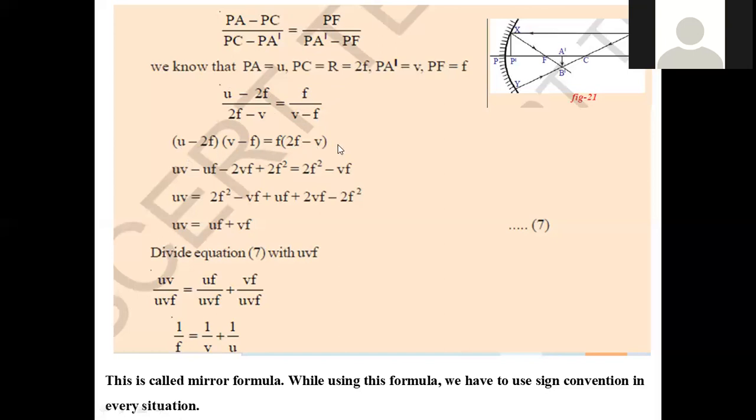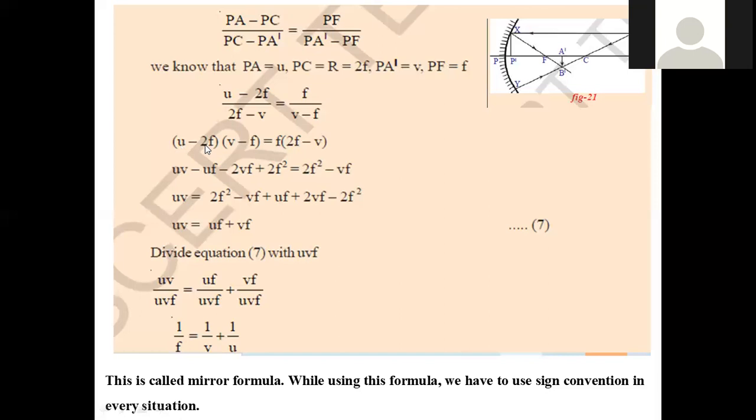And still we can expand this equation. How can we? Here two bracket terms can be multiplied together. So U into V, UV, minus U into F, UF. So the U term can be multiplied with these two.